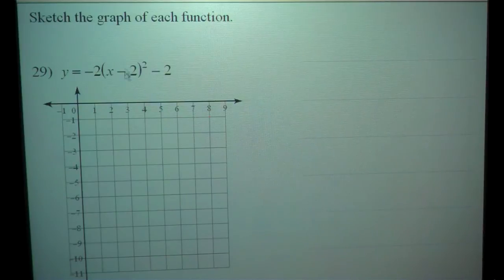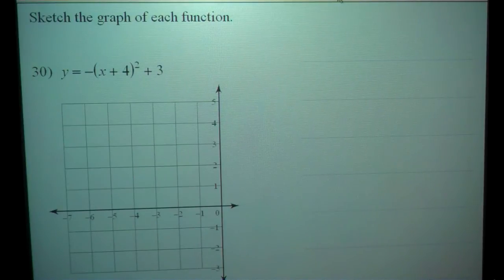Next one, vertex is at, well, pause. Your vertex is at 2, negative 2. It's going down and it's narrow because A is negative 2. Pause. Here's your vertex at negative 4, positive 3. Negative 4, positive 3. It's going down because A is negative.